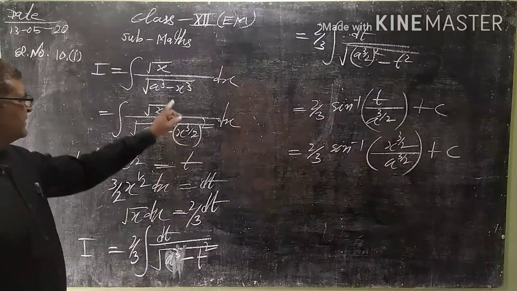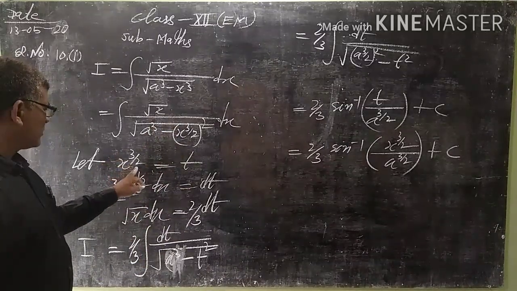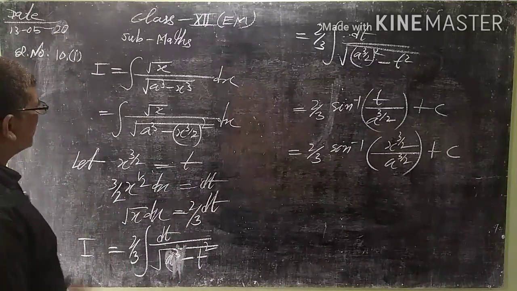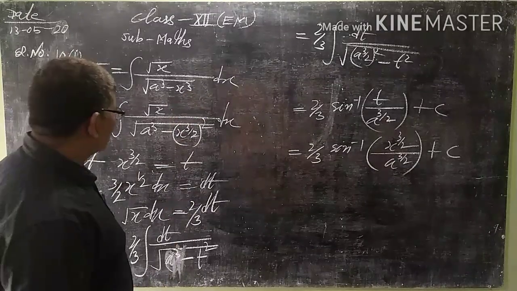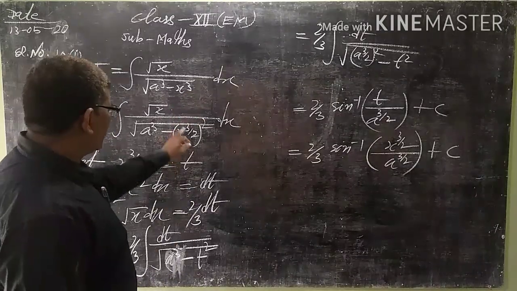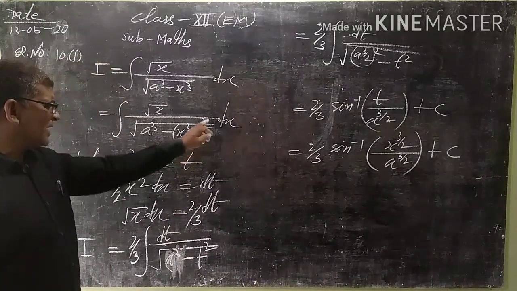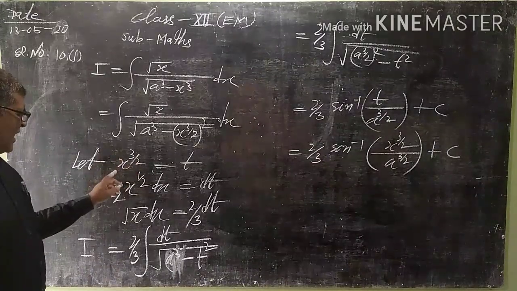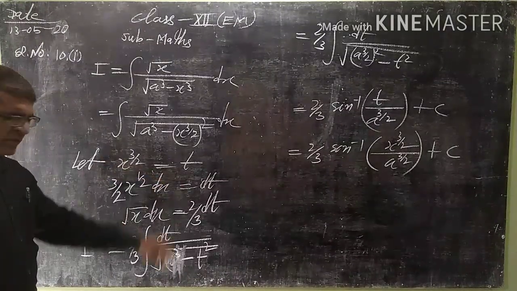Let power of x 3 by 2 equal to t, and power of x 3 can be written as power of x 3 by 2 whole square, because 2 cancelled by 2, then it will become only x cube.